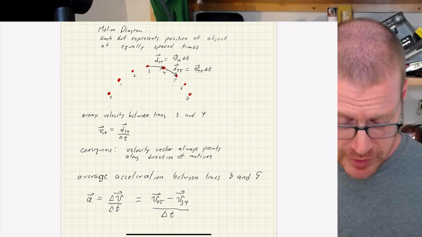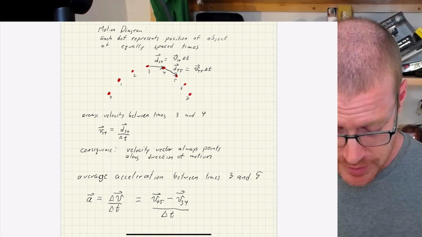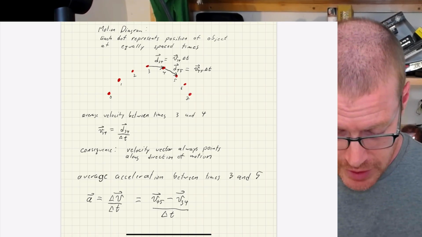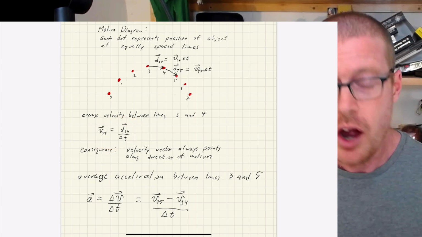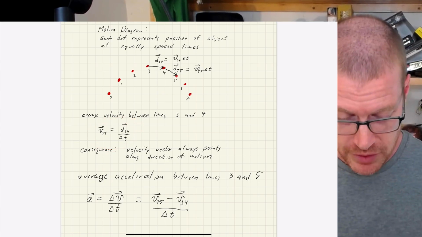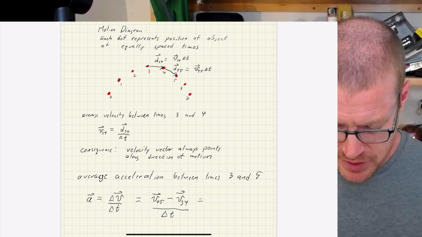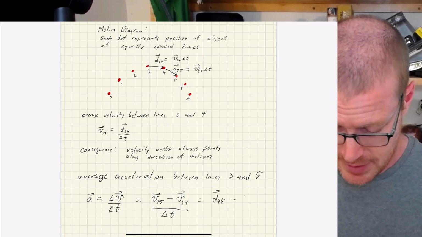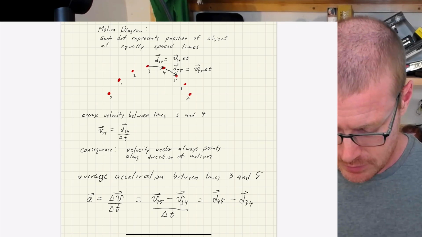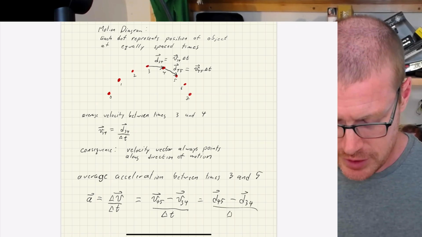And I can graphically make that difference. So if I use that these velocity vectors are proportional to those displacement vectors, this is just d4, 5 minus d34 over delta t squared.